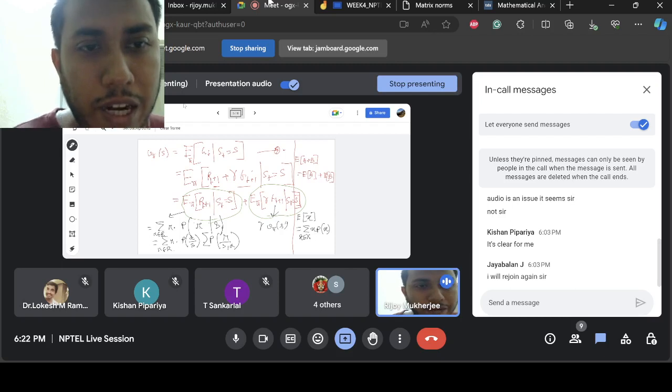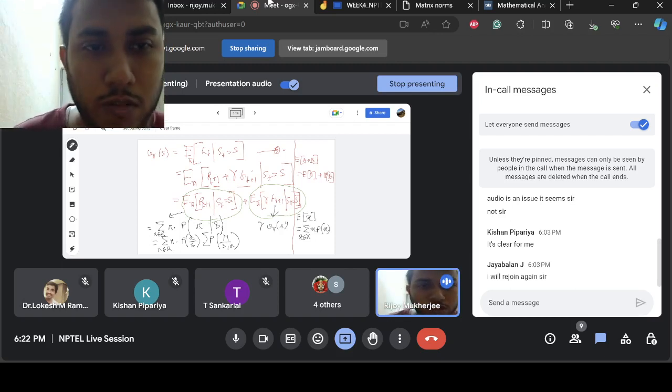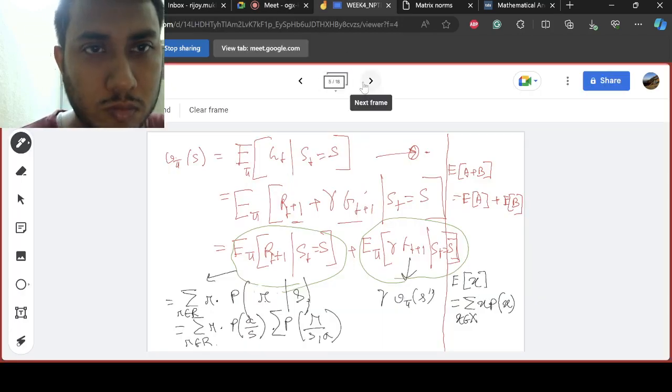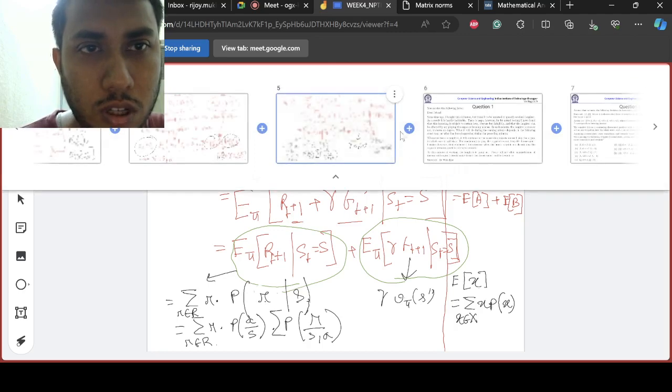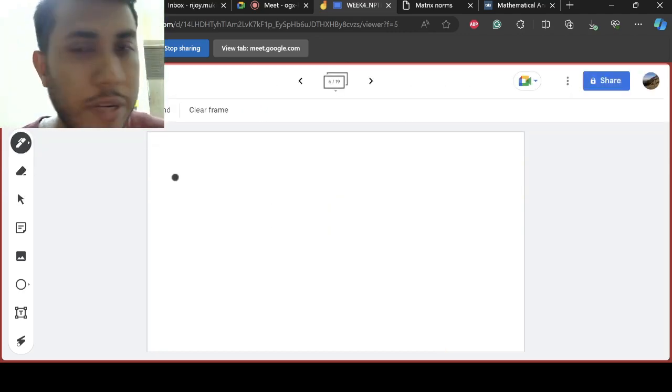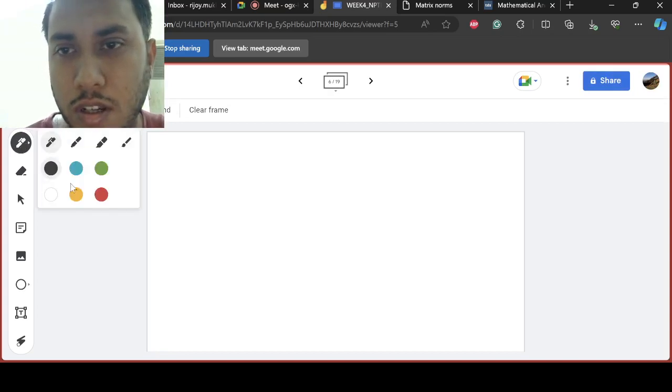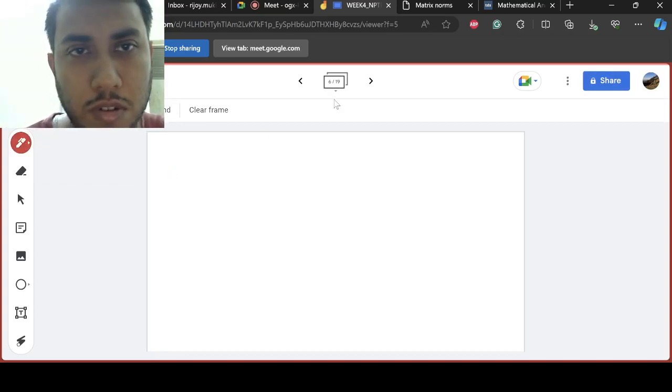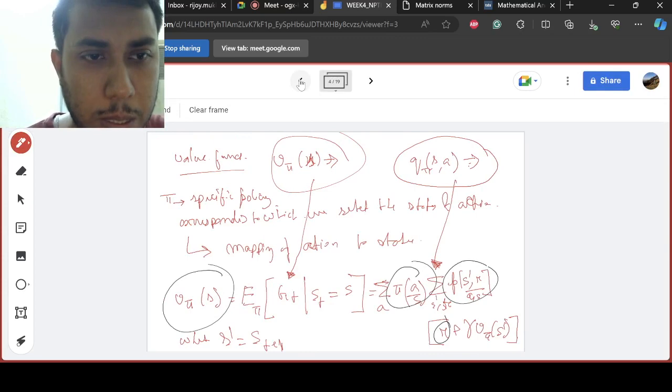Ultimately, you have to solve these equations one by one, if you want to go deep into the derivation. Similarly, you have your q value equation.